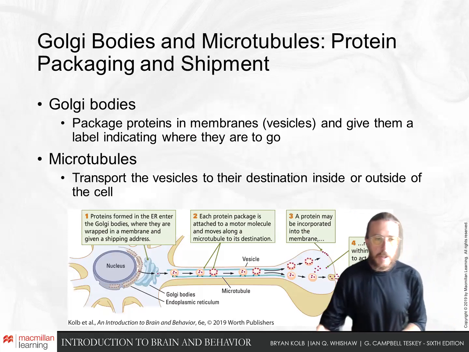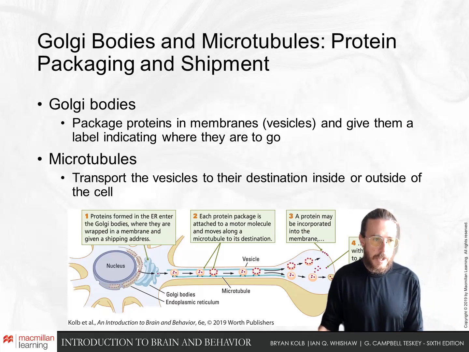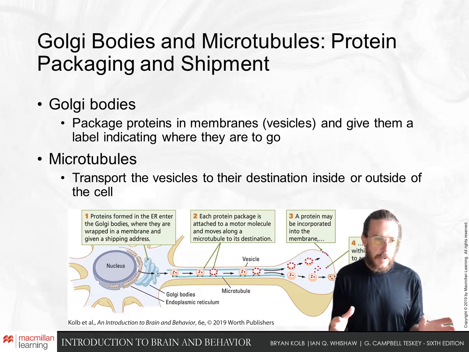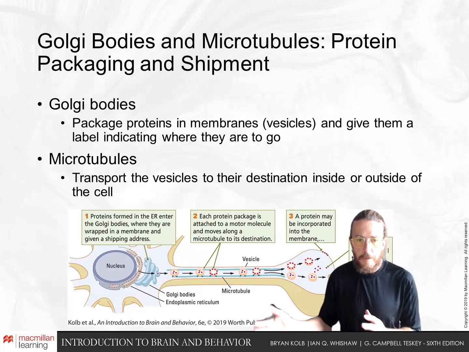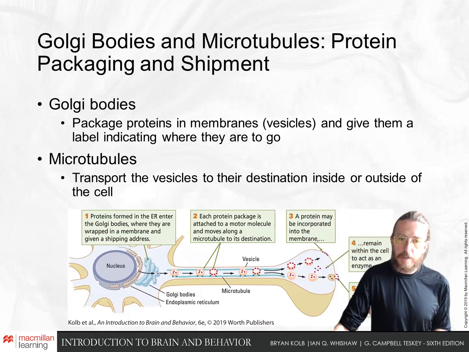So when the endoplasmic reticulum creates a particular protein, it then enters the Golgi bodies, where they're wrapped in a membrane and given a location where they need to go. For instance, to the cell wall or inside of the axon terminal.